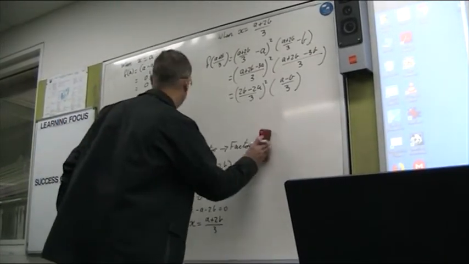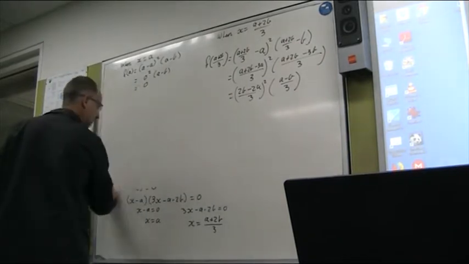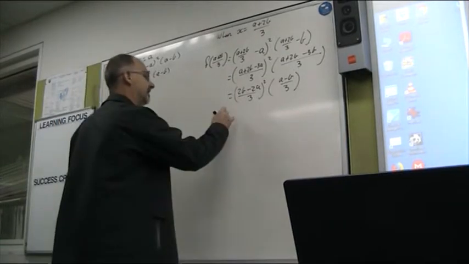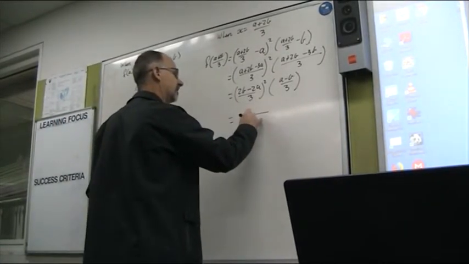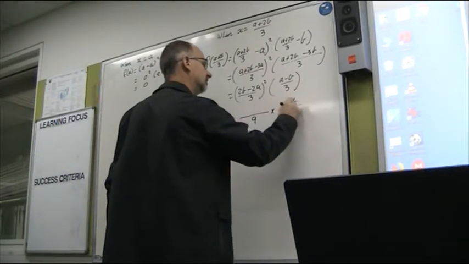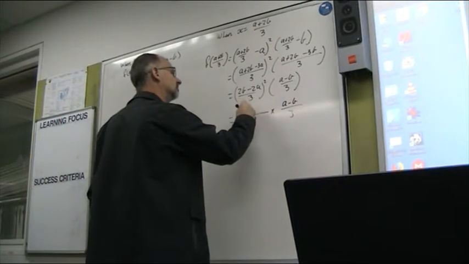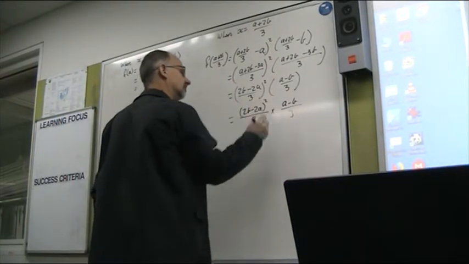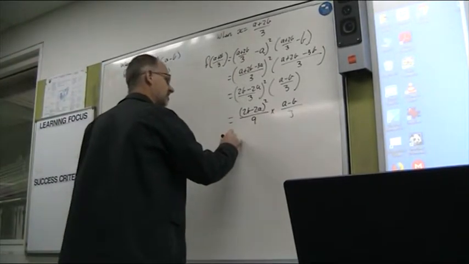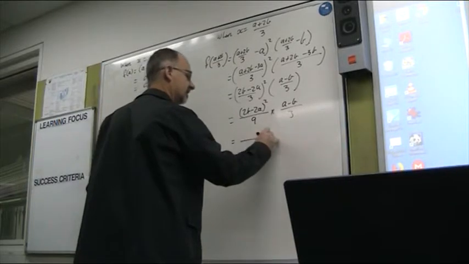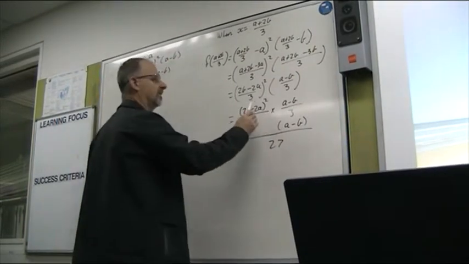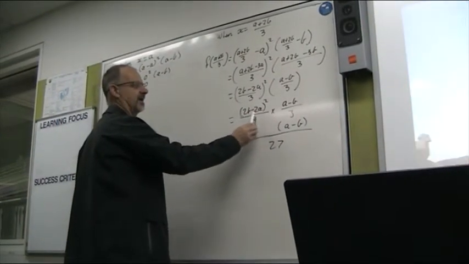I said you might want to be doing that on the calculator. Alright, so if I just square our 9 there, now the other thing that I can do, multiply them over 27, a minus b. Alright, with this one here, what do we notice about that and that?